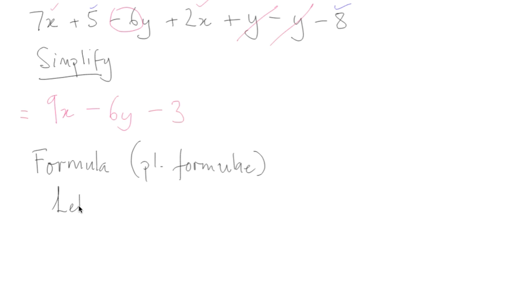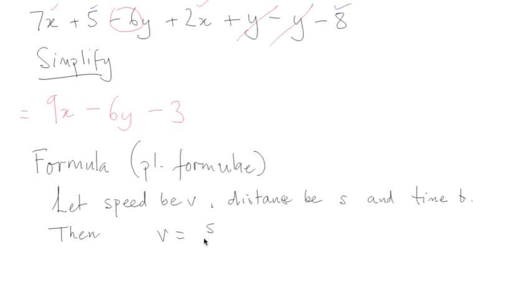Let speed be v, distance be s, and time t, then speed equals distance over time is the formula for speed.